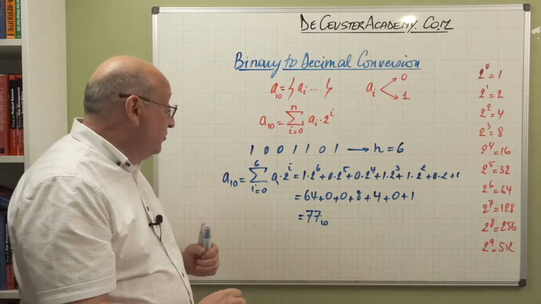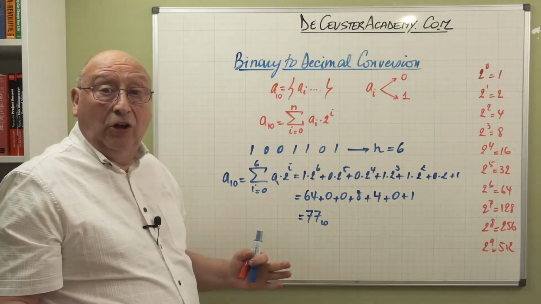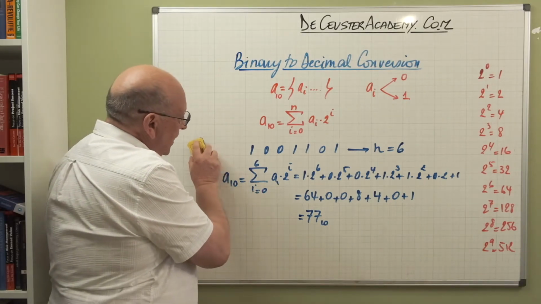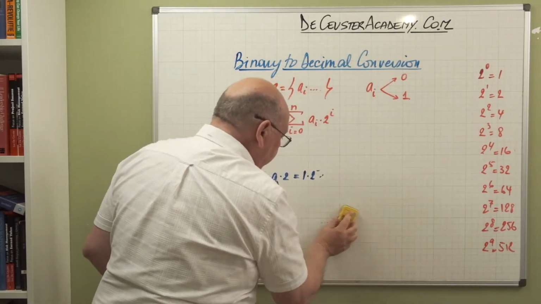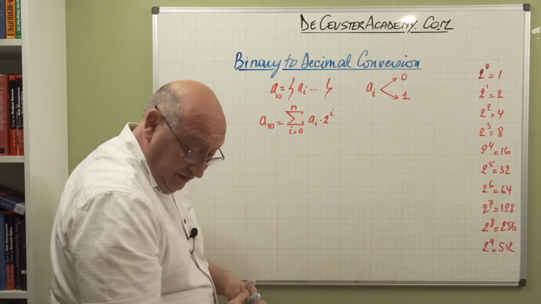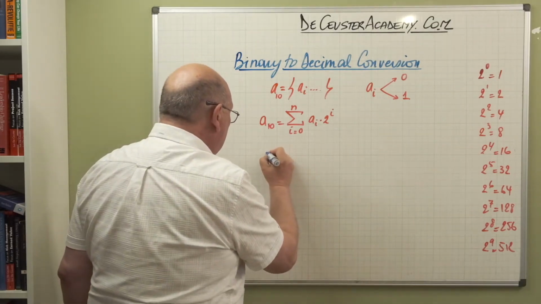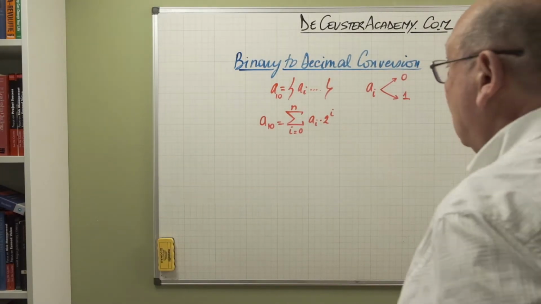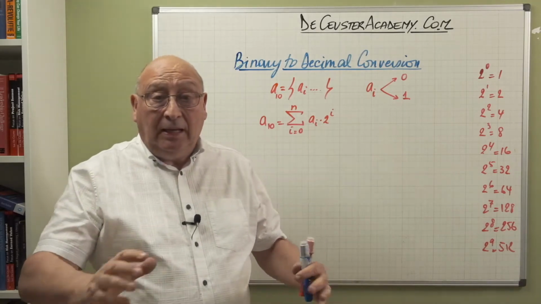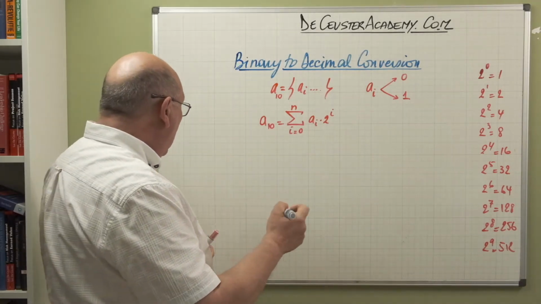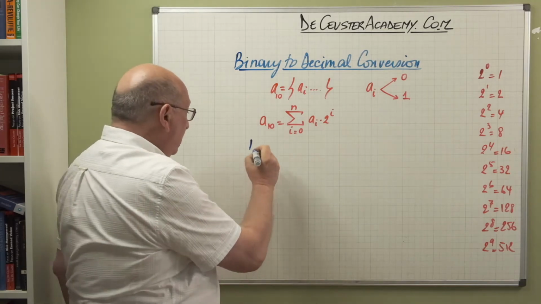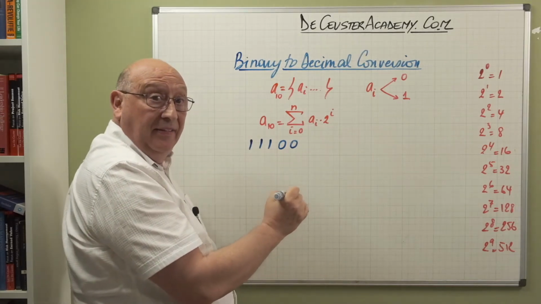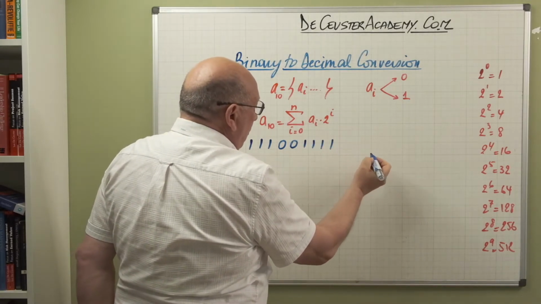Let's look at another example, so you have at least done 2 examples of the binary to decimal conversion method. Let's have a look at another number, and our binary number is 1, 1, 1, 0, 0, 1, 1, 1, 1.